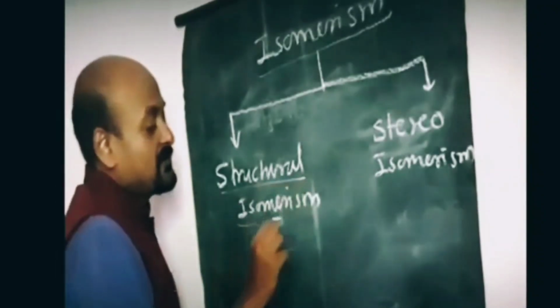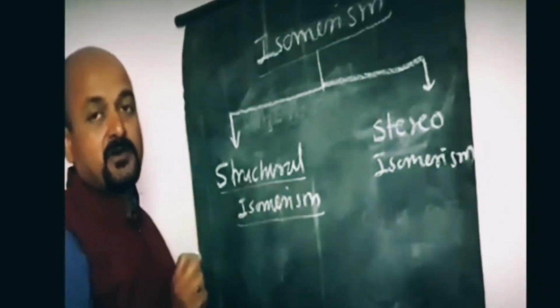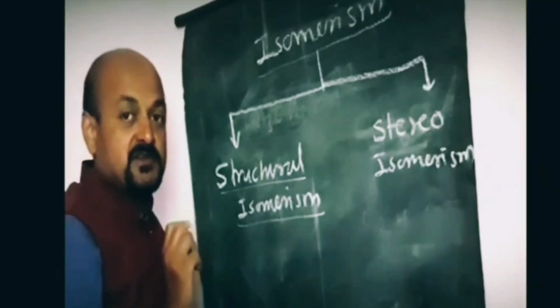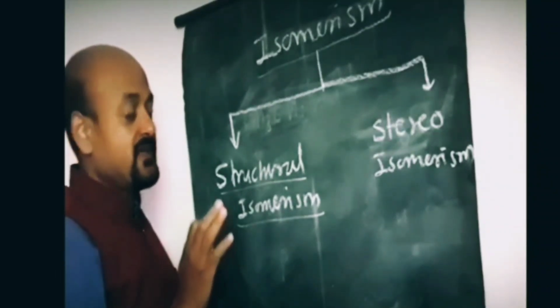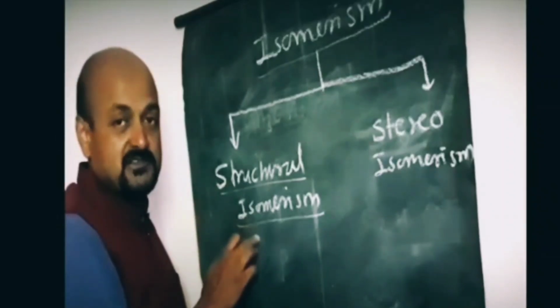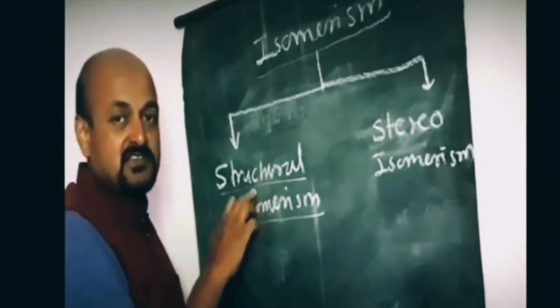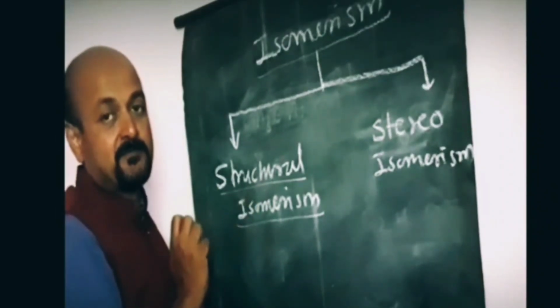Structural isomerism means what? The compound having same molecular formula but different structural formula. These all examples are included in these structural isomers. So this phenomena, it is known as structural isomerism.